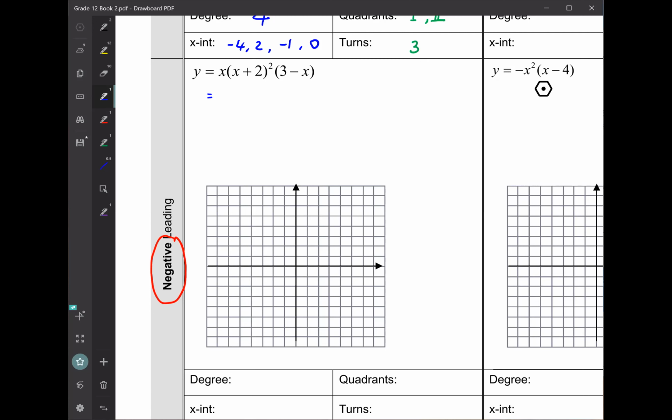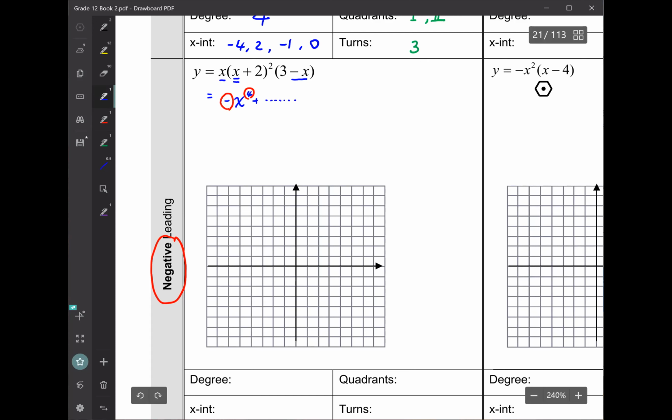So you would have x times x times x again, and then multiply by negative x from the other brackets. When you multiply everything out, it will give you negative x to the 4, plus something something. So that's why this one belongs to even: even exponent, and then negative leading.